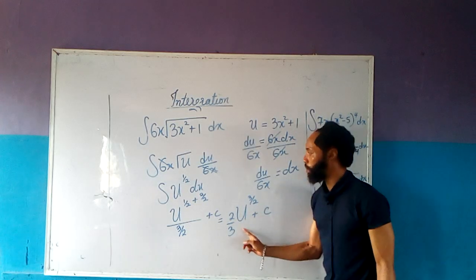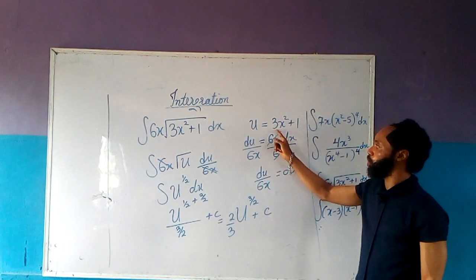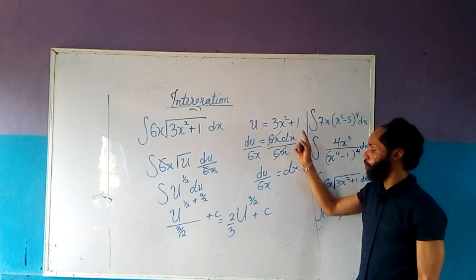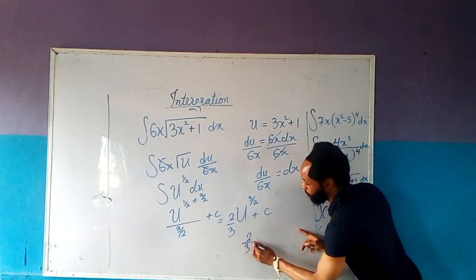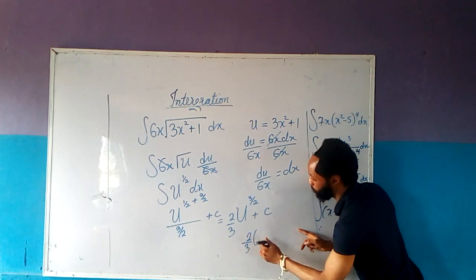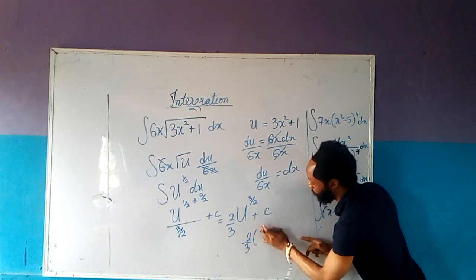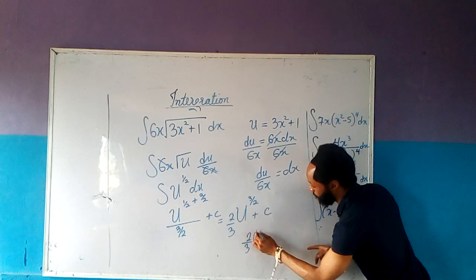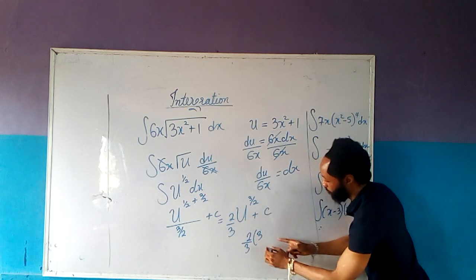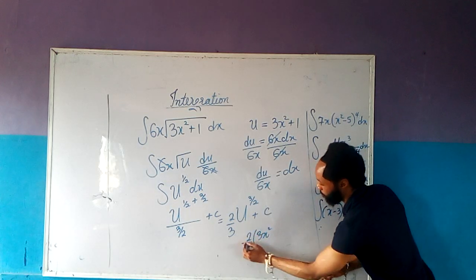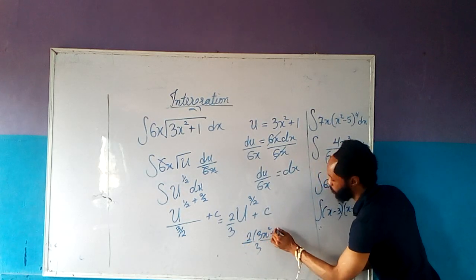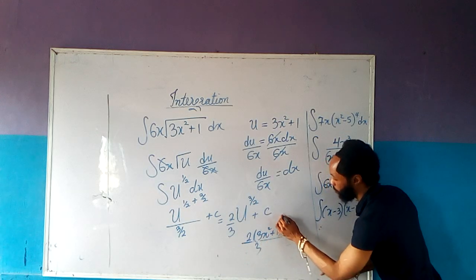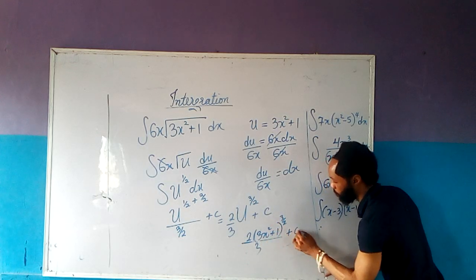Now remember, our U is what? 3x squared plus 1. So we remember that information. 2 over 3 into bracket 3x squared plus 1, all raised to the power 3 over 2, plus c.